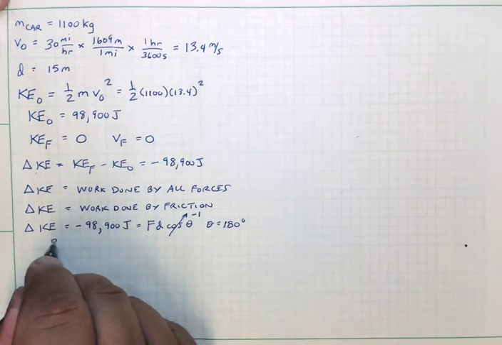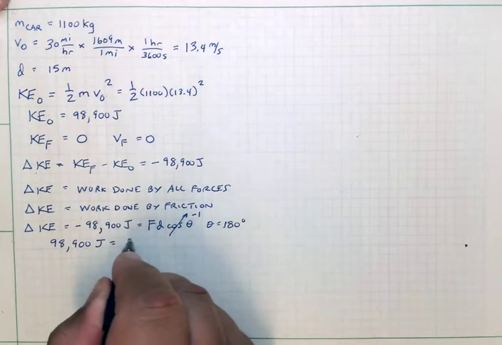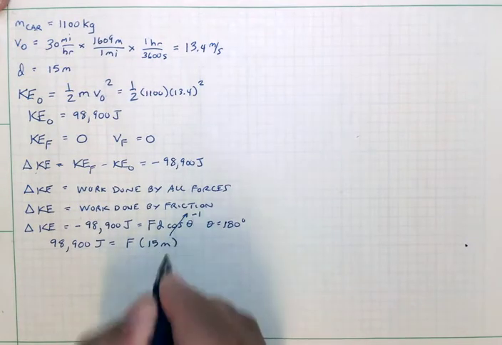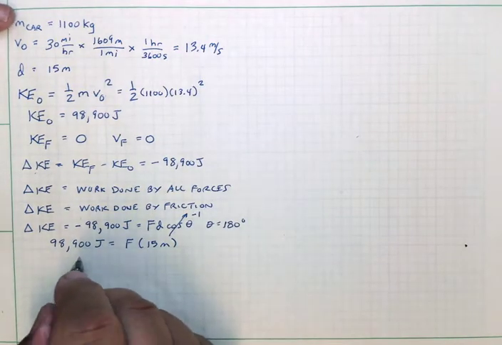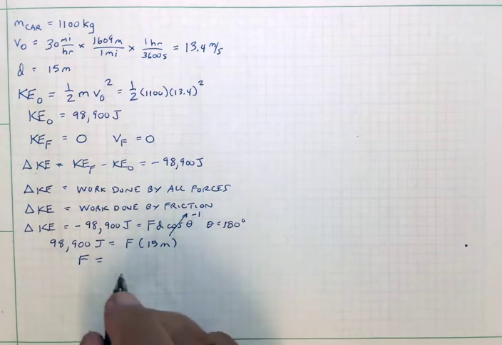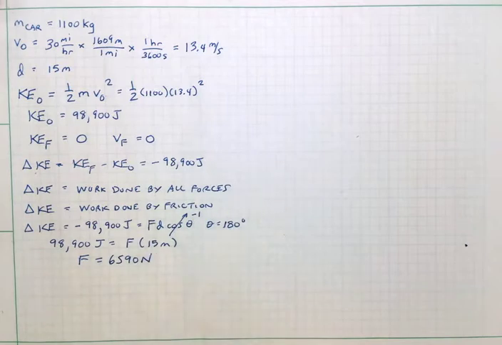The stopping distance is going to be 15 meters, so we plug that in there for the distance. And this gives us a final force of 6,590 newtons. We would report this maximum braking force as 6,600 newtons because the problem has two significant figures. So this is the maximum force that the brakes can apply.